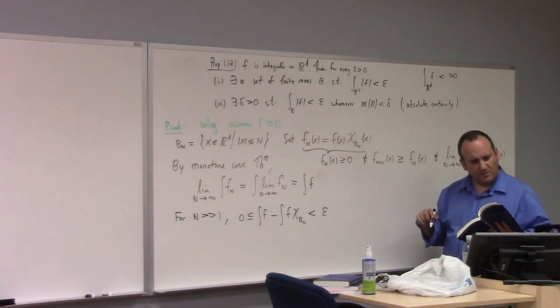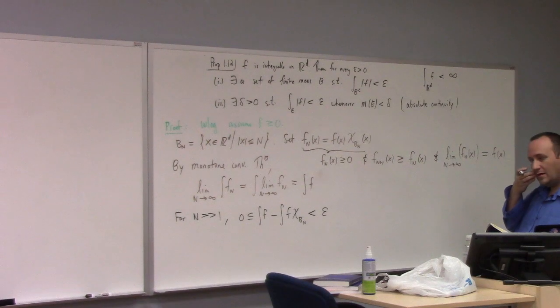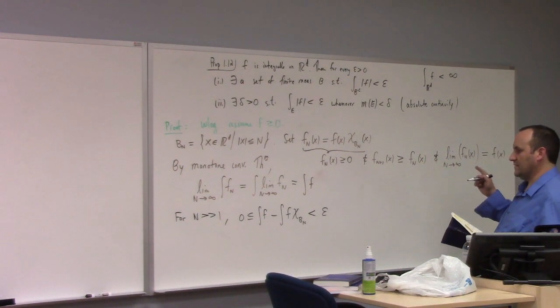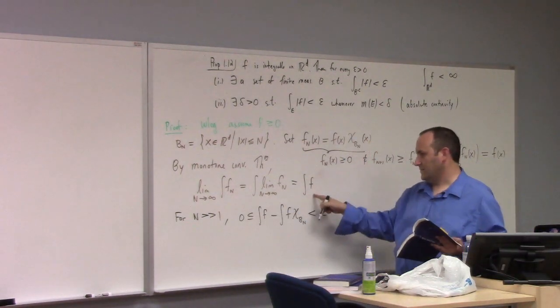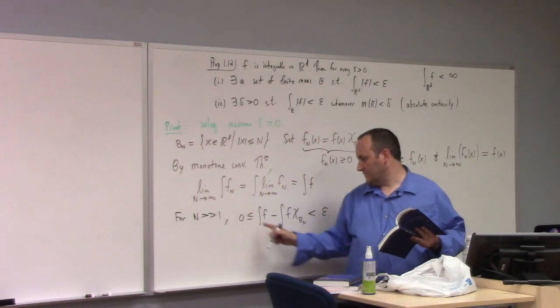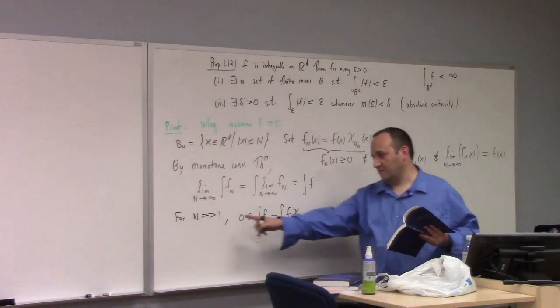What's f chi Bn? Isn't that just fn? Yeah, right. Thank you. So this limit says I can take the difference between the limit and the sequence and make it as small as I like for n sufficiently large.